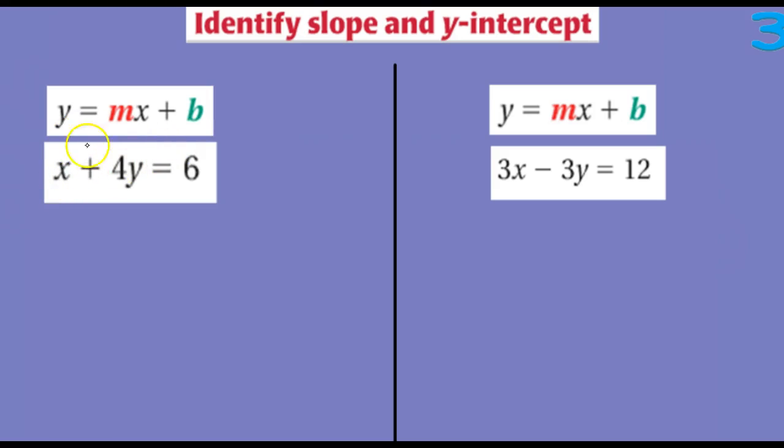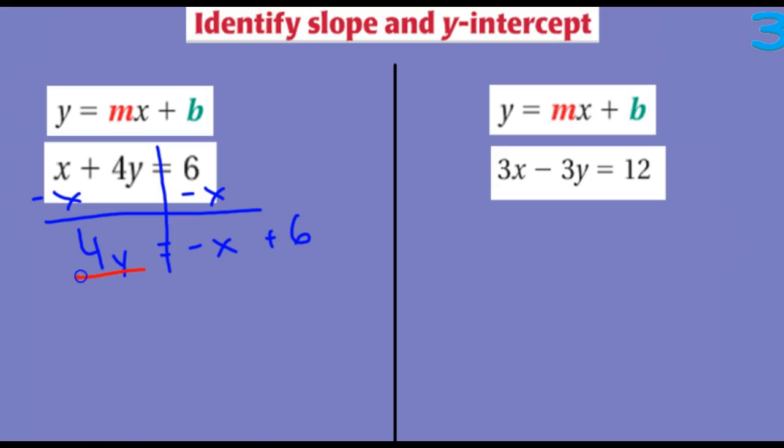Again, we're going to have to solve for y. So I'm going to subtract x. So we'll get 4y equals negative x plus 6. Now to solve for y, I need to divide by 4. Those cancel. We get y equals negative 1 over 4x plus 6 over 4.